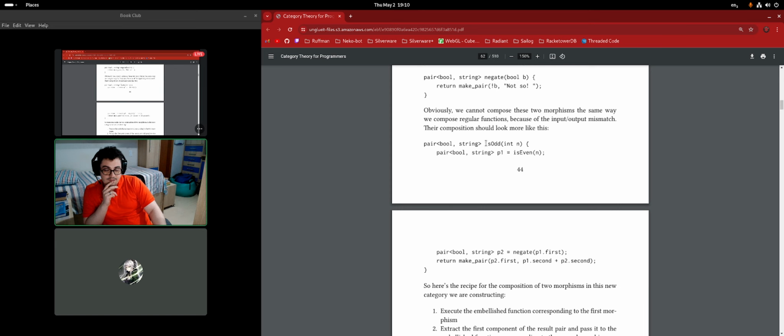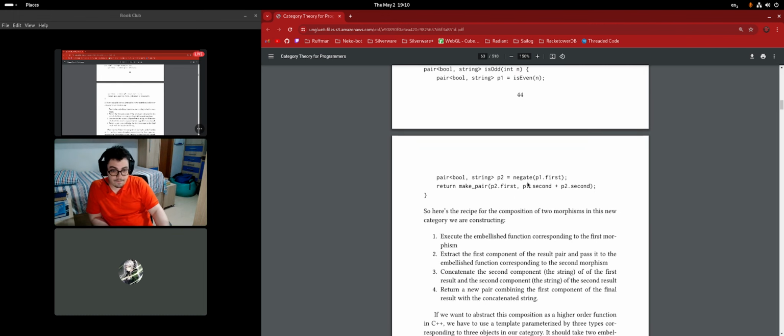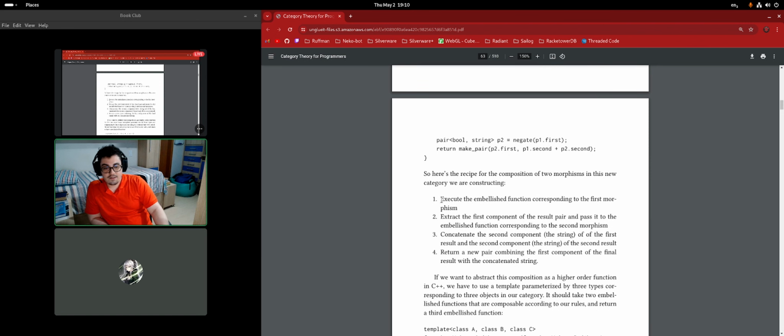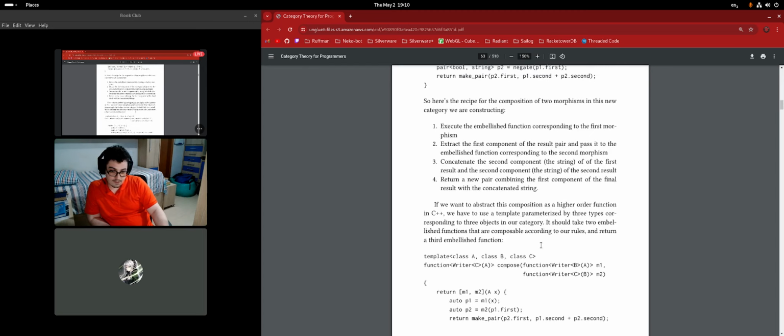Okay, so here is an example of how, again, a more boilerplate, we're going to compose them. The same procedure as before, but with different functions. This is actually the imperative description of what is happening in this code.